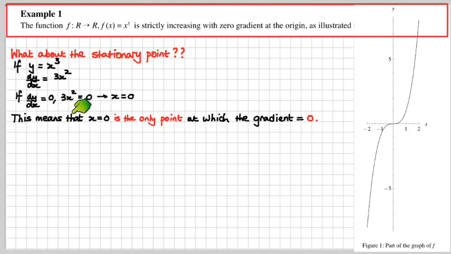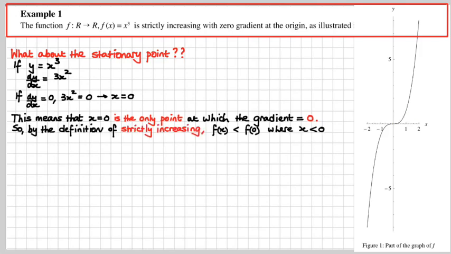This means, guys, that x equals 0 is the only point, one single point at which the gradient equals 0, right? It's not really flat in that sense. It looks flat for a while there, but really it's not. It's always going up and has a 0 gradient momentarily at one single infinitesimal point where x equals 0, then it's going up again, right?